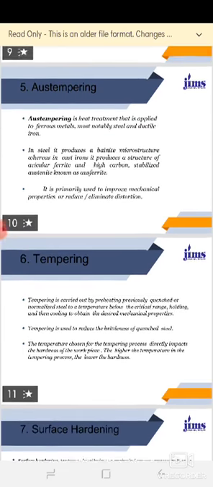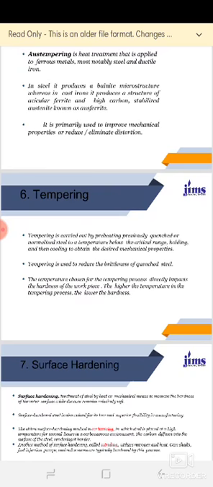Next is the tempering process. Tempering is carried out by preheating previously quenched or normalized steel to a temperature below the critical range, holding it, and then cooling to obtain the desired mechanical properties.